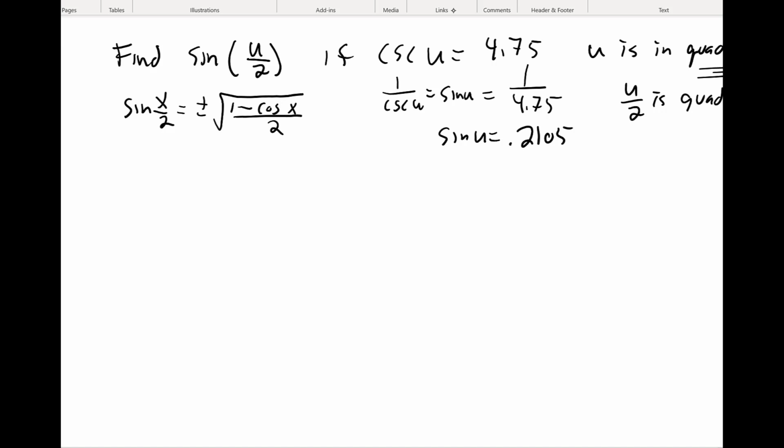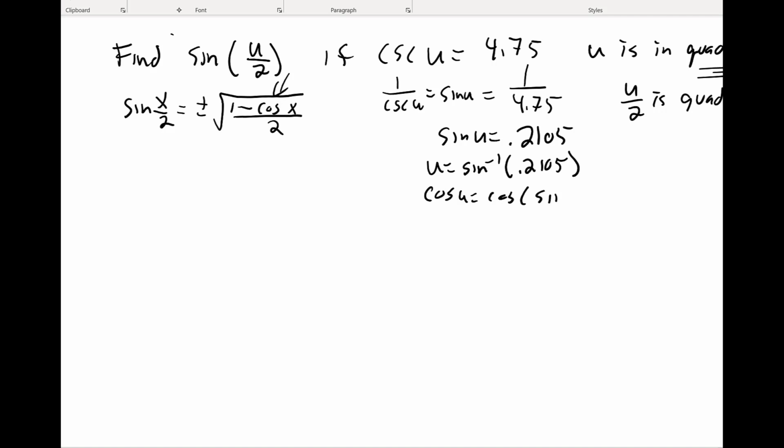Now, u must be sine inverse of 0.2105. And if you notice, we're talking about a cosine here. So cosine of the angle, cosine of u is cosine of sine inverse of 0.2105. What's that going to be?